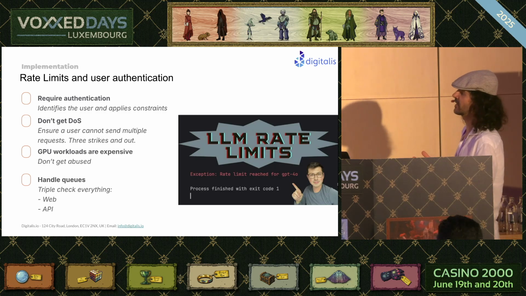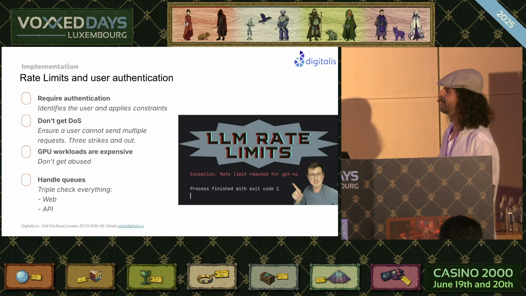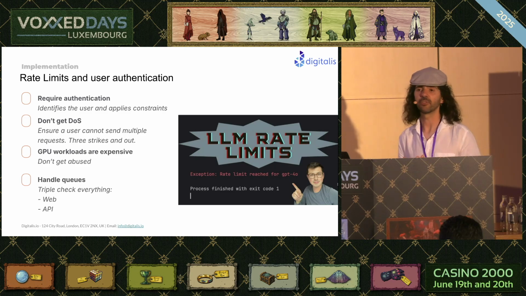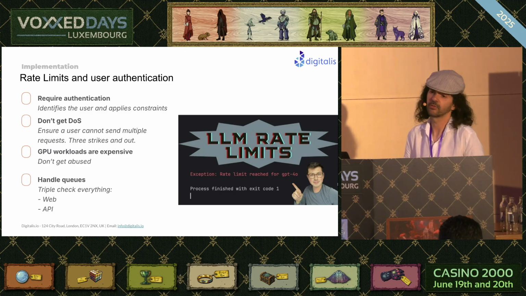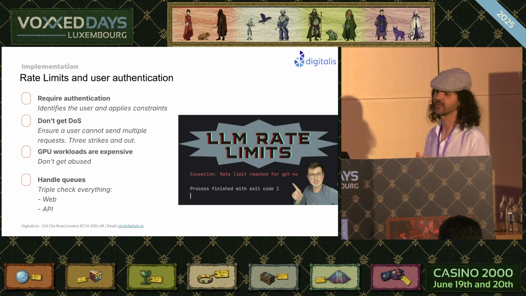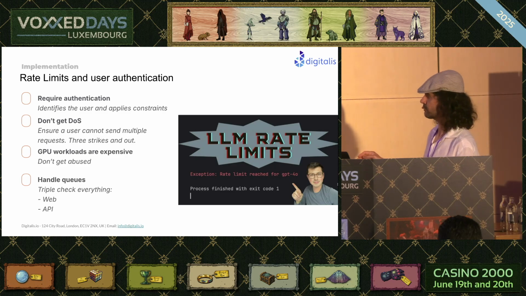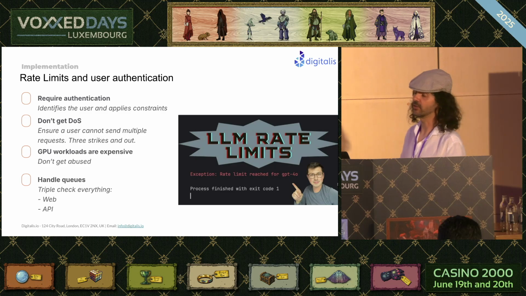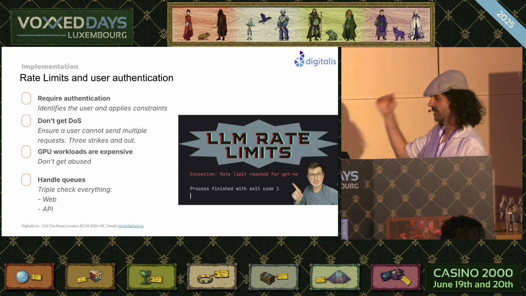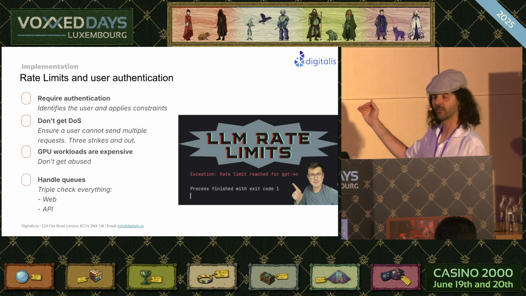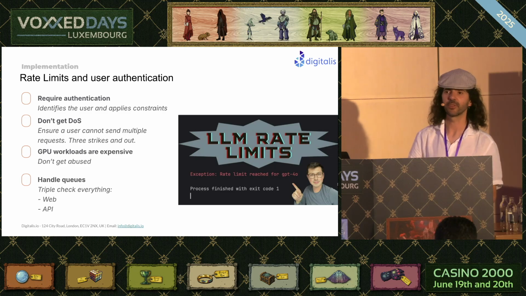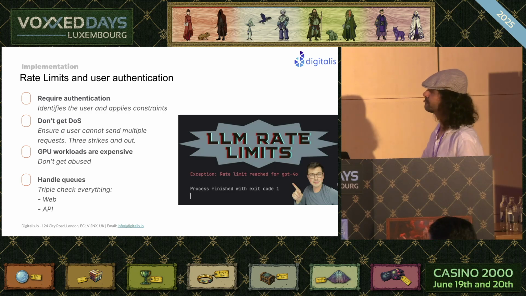So if a person has asked the same query 3 times in a minute, you say no, wait another 5 minutes before asking again. And that gives you more control. Check everything twice, checking the web browser and checking the API, because people are really clever and they will try to get away with breaking the limits.